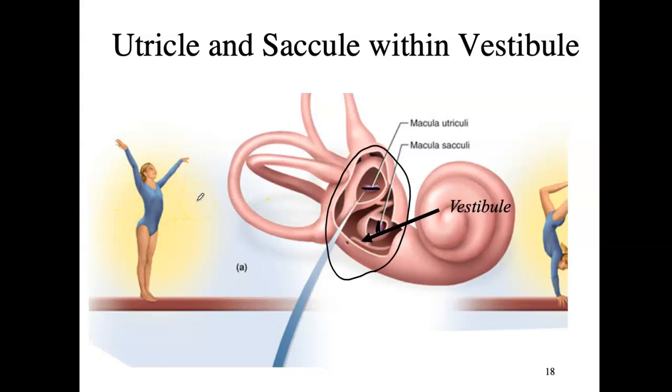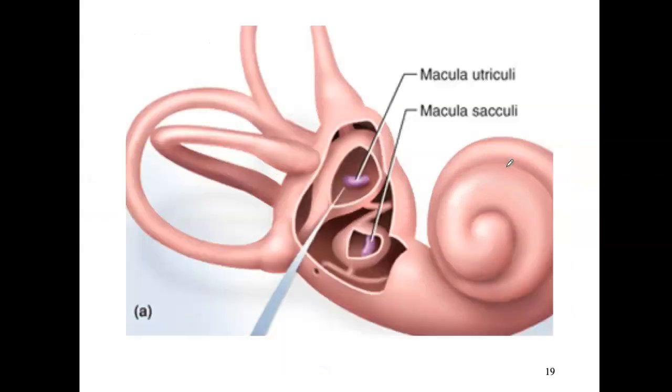So why is it that we have this macula utriculi, or the utricle, that has a little stage like this for its neurons in that position, and the saccule here that is exactly vertical to that, in that position. And this is all inside the petrous portion of the ear, remember?